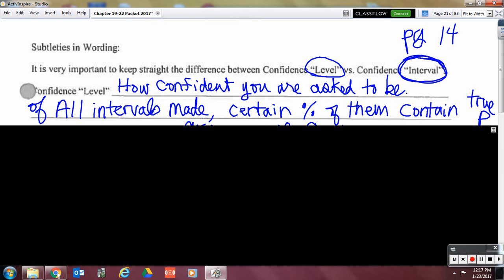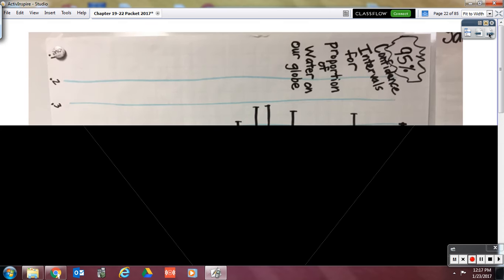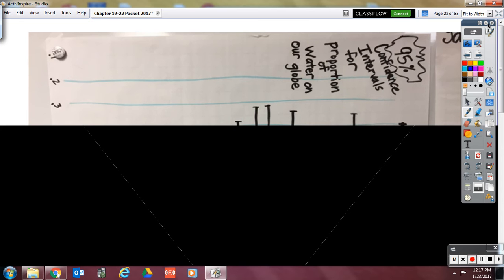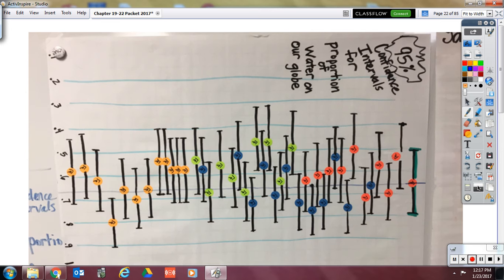So here's an example of the phrase you would say if you were asked to explain what 95% confidence means. Actually, let me give you a visual before we even start. This is our picture of all of the intervals that we had made. What we are essentially saying is that these are all 95% confidence intervals.